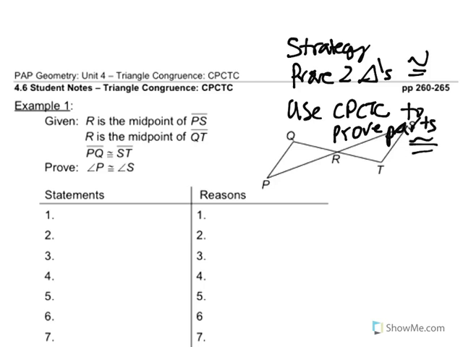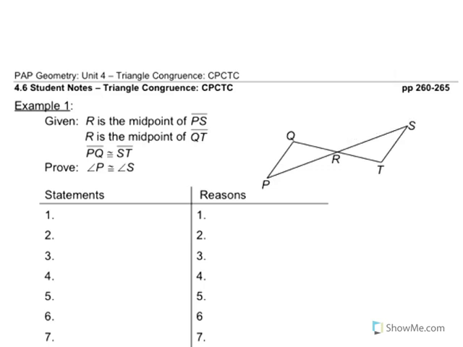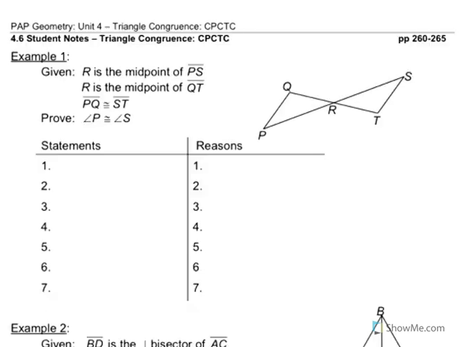Okay, so we're going to take a look here at this first drawing on number 1, and it says R is the midpoint of PS, and R is also the midpoint of QT, and PQ is congruent with ST. So it wants us to prove that angle P is congruent with angle S. Well, what we want to do first is figure out how we could prove the two triangles are congruent.